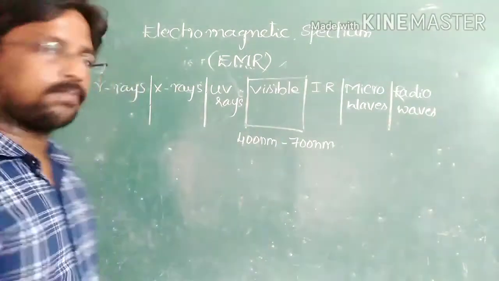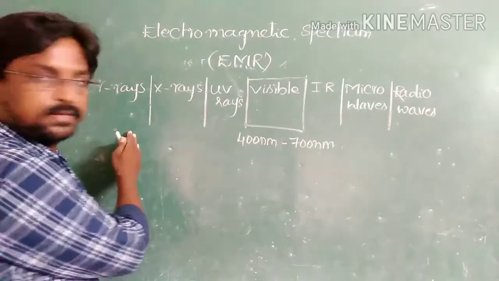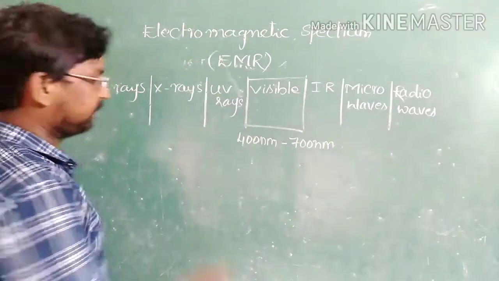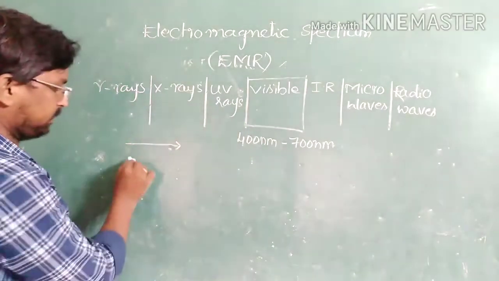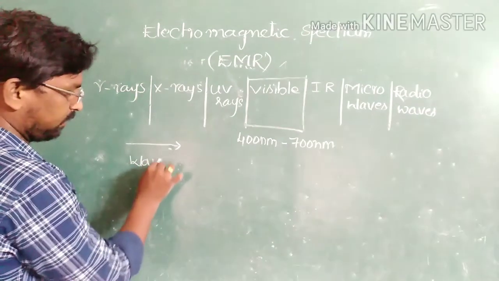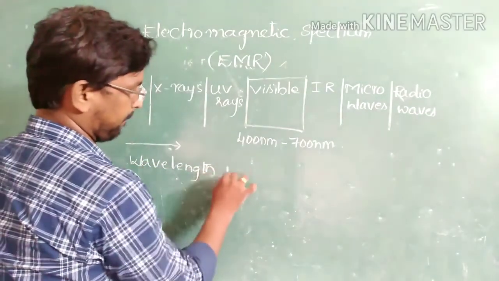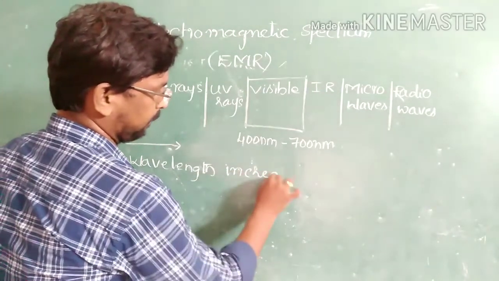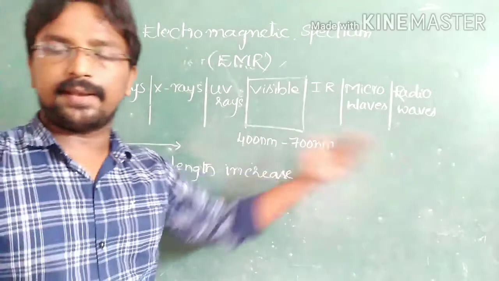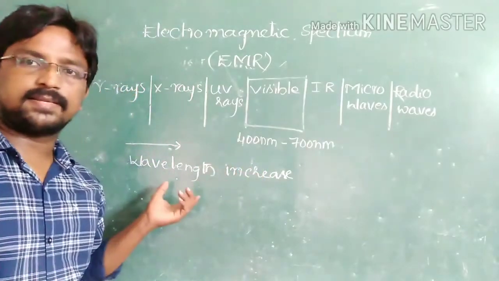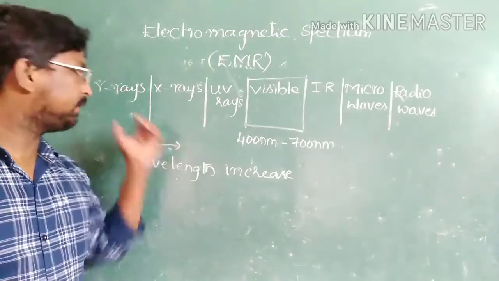If you observe from gamma rays to radio waves, the wavelength increases. We have arranged this electromagnetic spectrum in ascending order of wavelength.